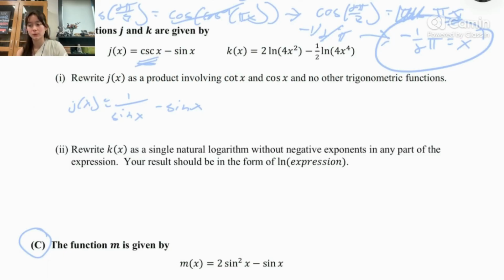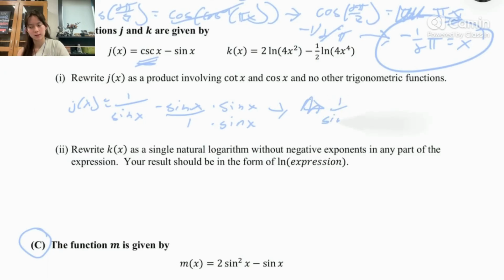And then you can multiply both parts by sine of x. I'm adding it over 1 so that you can visualize the fraction part of it.